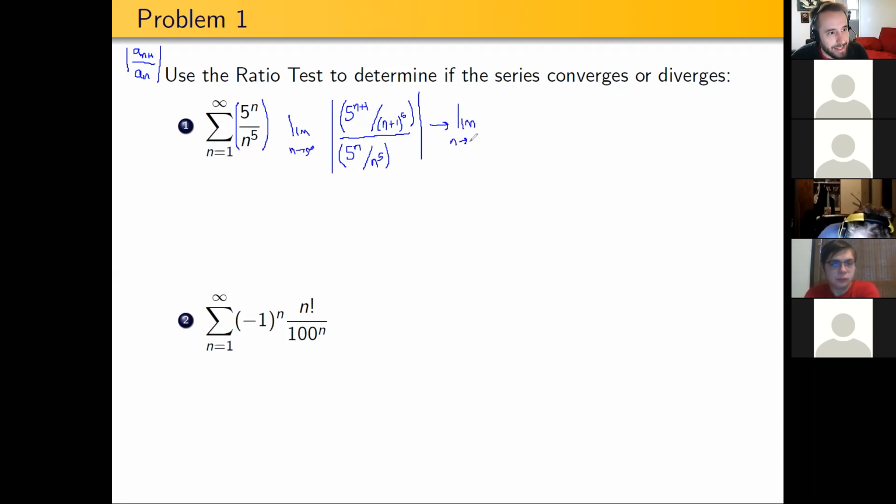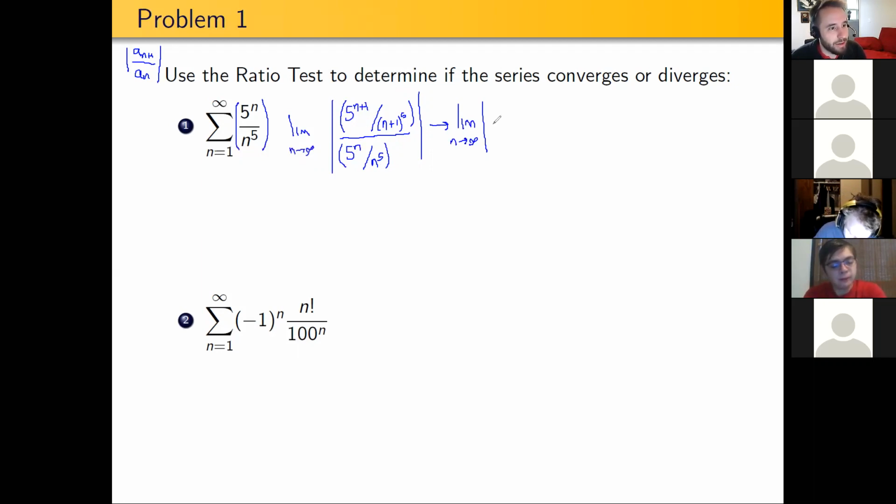So limit as n goes to infinity. We have the same setup, but I want to point out that I can break this up into the 5 to the n plus 1 divided by 5 to the n pieces, and I can break it up into these pieces, and I can consider them separately. So if I wanted to, actually, let me do this over several steps, just because this is the first example of this.